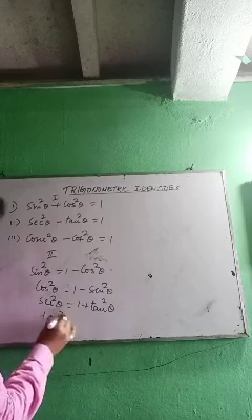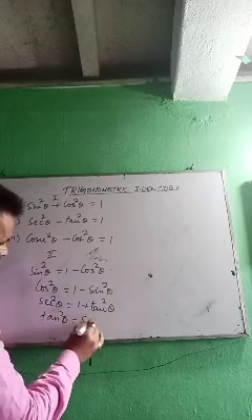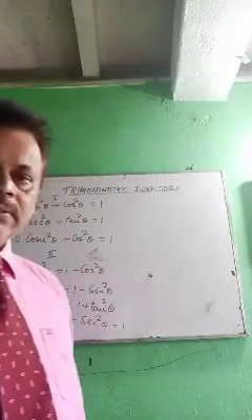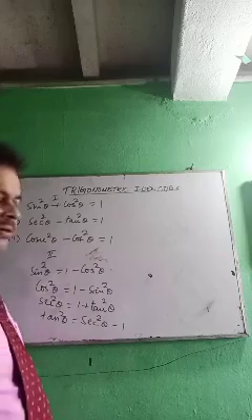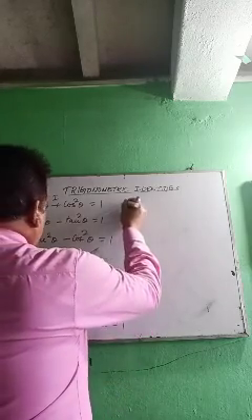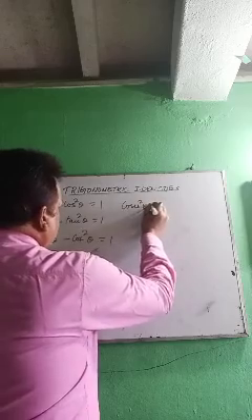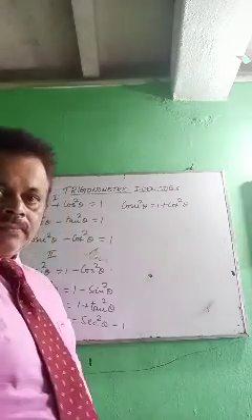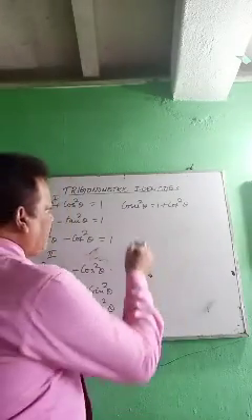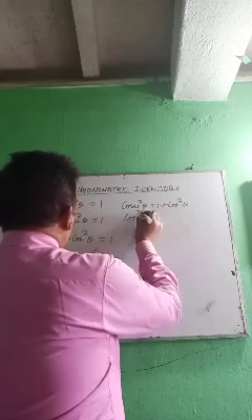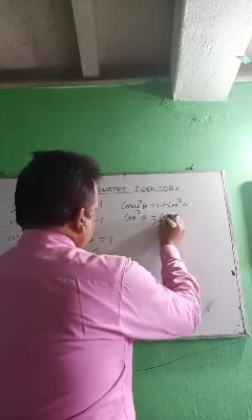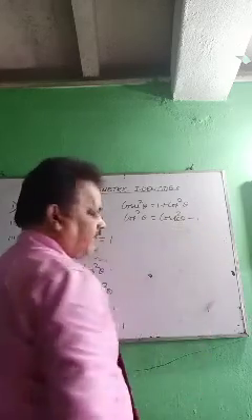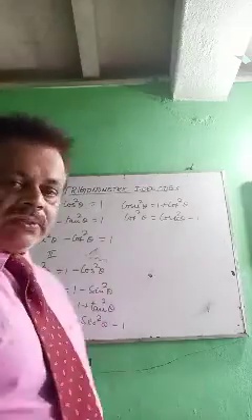Tan square theta is sec square theta minus 1. This formula too you have to remember. Okay, then cosec square theta is 1 plus cot square theta. Then cot square theta is cosec square theta minus 1. Okay, this is one type.